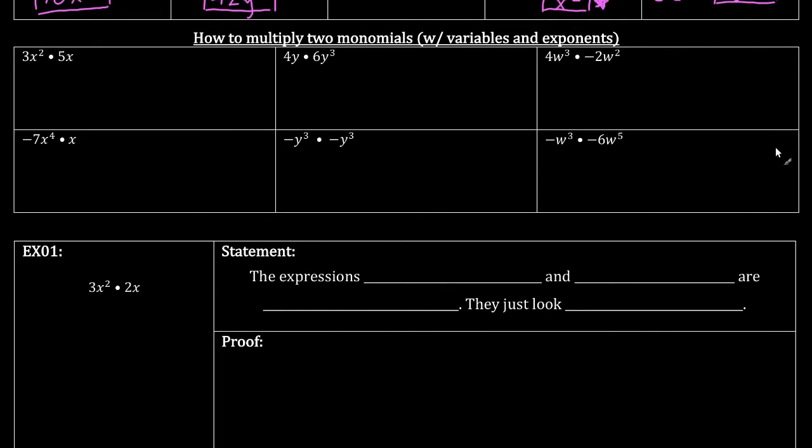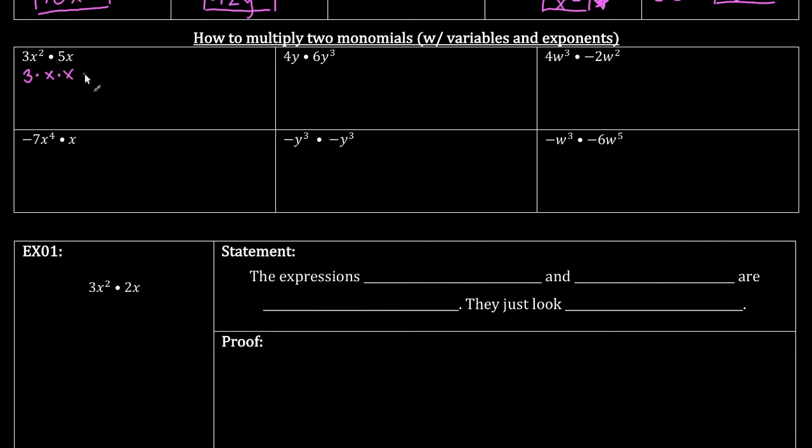All right. Now right here, it's getting a little more complicated as we go. Let's go ahead and write this out first. So this is really 3 times x times x. Remember that x to the second power is just x times x. I'm expanding this right here.